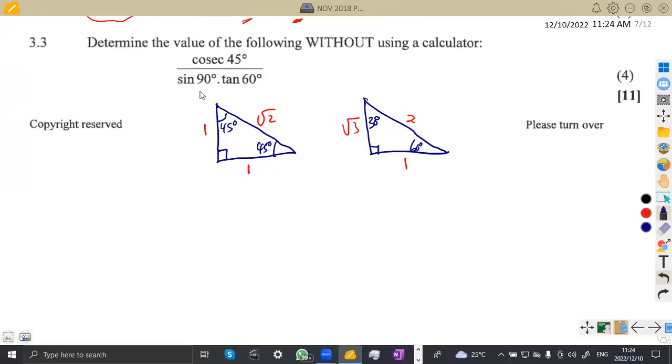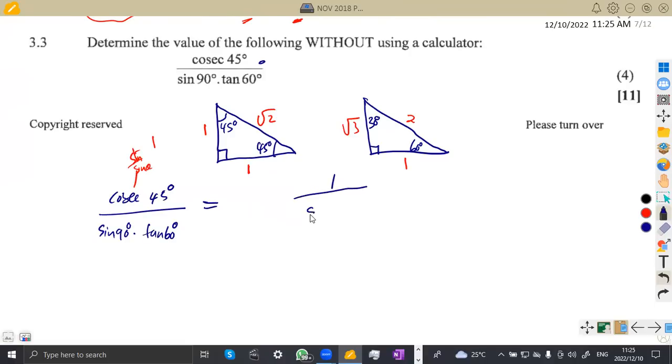So let's take our identity, which is this ratio that you're given: cosec of 45 degrees over sine 90 degrees times tan 60 degrees. Knowing that cosec is 1 over sine, we can write this as 1 over sine of 45 degrees.